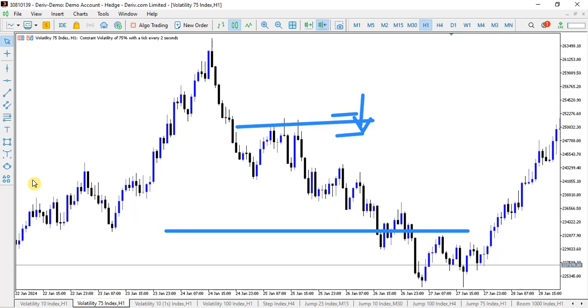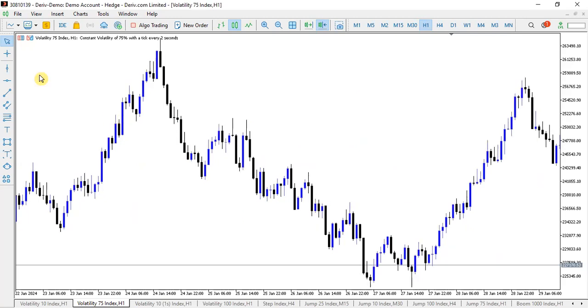You can also see another example here, that there was a breakout of this low, and you can see this candlestick rejection here.